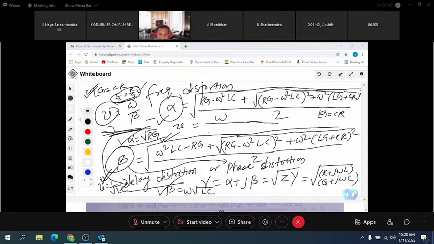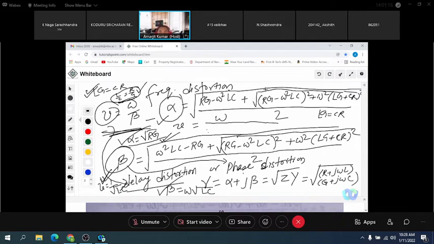Okay, good. So basically, using this condition, we have achieved a distortion-less transmission line. Alpha is a function of frequency. Having this kind of expression, using an equalizer, we can also minimize the frequency distortion, because the equalizer will have a transfer function just the inverse of this function for alpha.